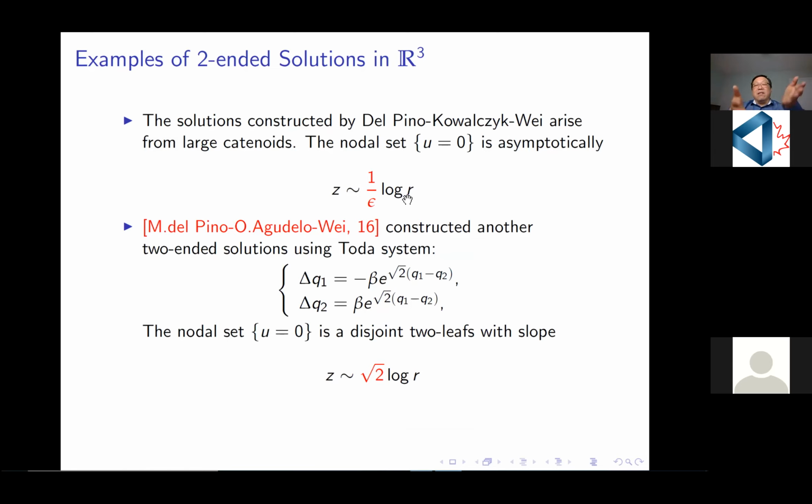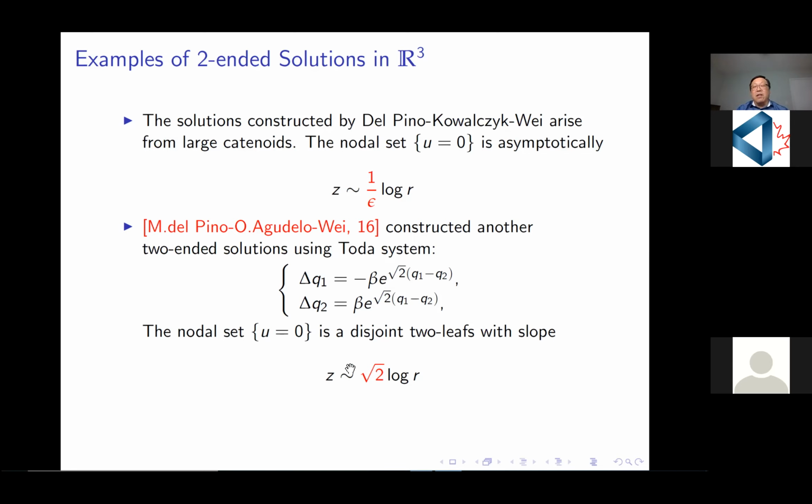So it's a large catenoid. On the other hand, with del Pino and Agudelo in 2016, we constructed another two-ended solution using the Toda system. This is like two disjoint leaves, like two hyperplanes, using the Toda system. And the angle between z and log r is like square root of 2.